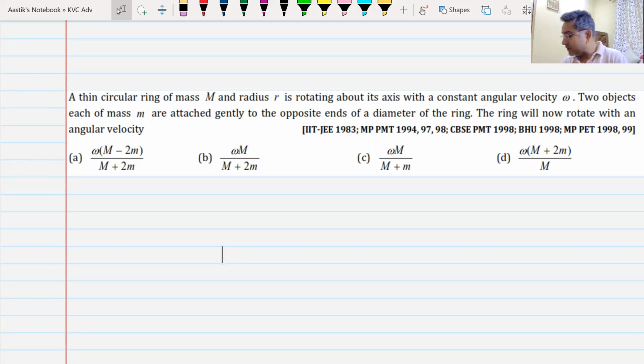A thin circular ring of mass m and radius r is rotating about an axis with a constant angular velocity omega. Two objects each of mass m are attached gently to the opposite end of the diameter. What is the angular velocity of the ring?